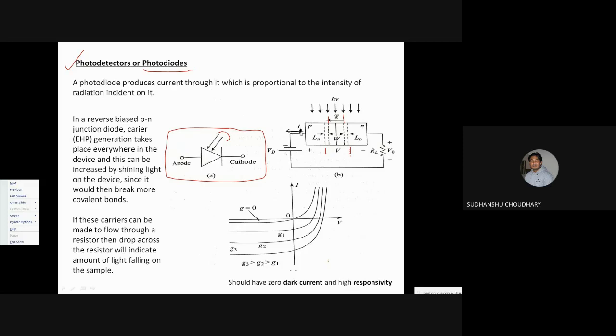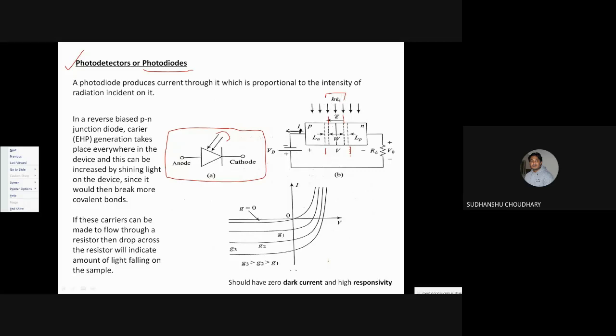Now the strength of this reverse current can be increased if a light is shown on this junction. So what happens if I show the light on this junction?